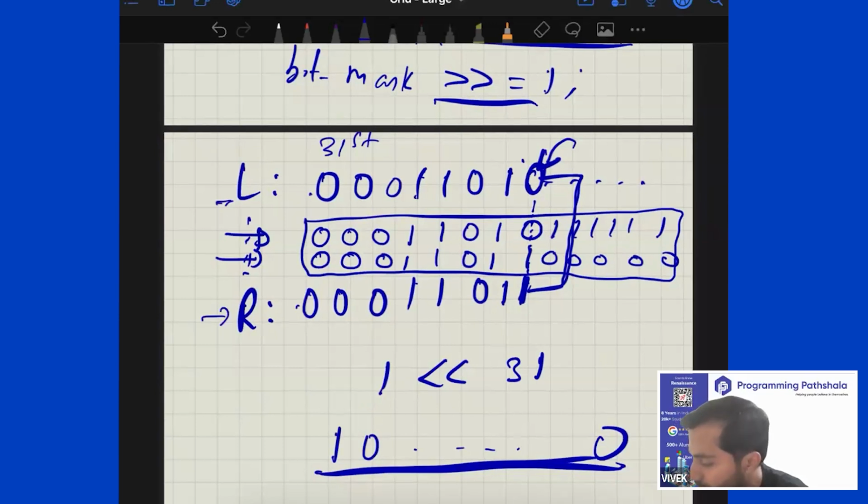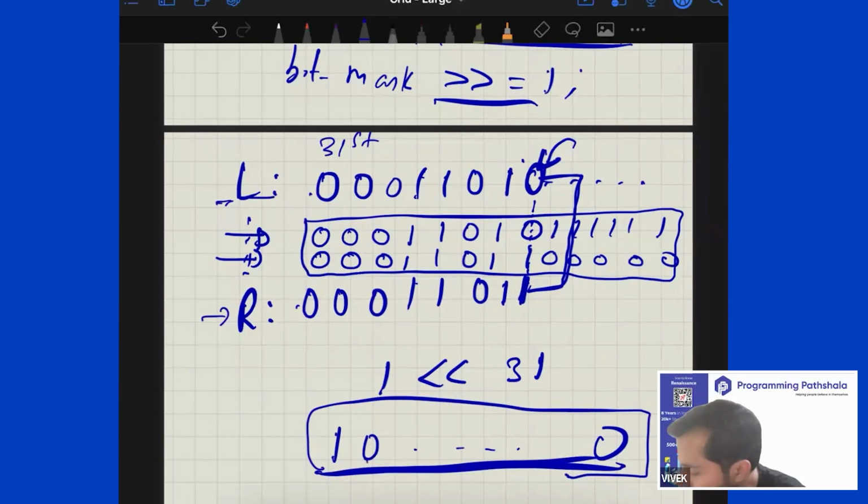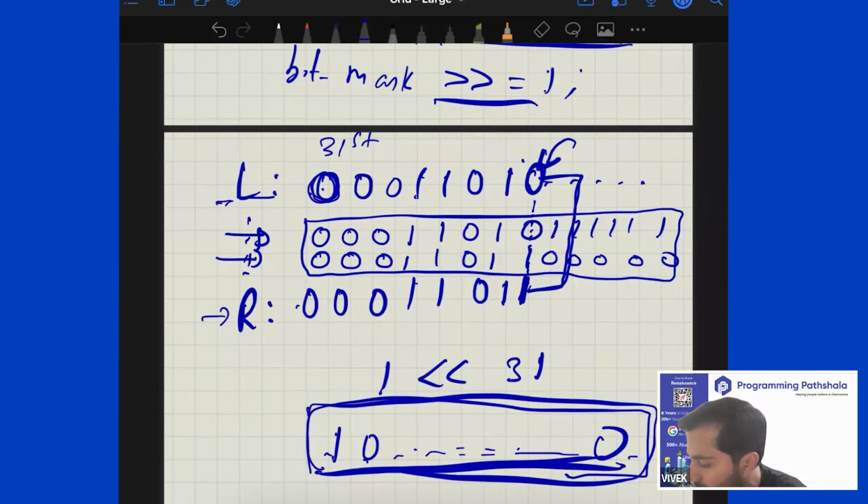Of course, yes. Because if you are taking this bit mask and ANDing it with L, we know that all the other bits will be 0. Only if this bit is 0, then the result will be 0, and if this bit is 1, then the result will be 1. Similarly, if you take AND of this thing with R, all the other bits will be 0.